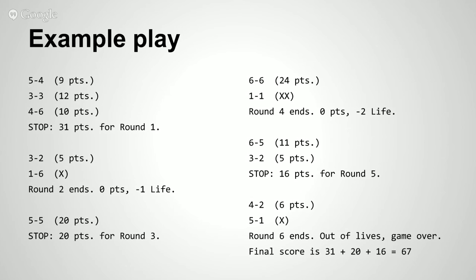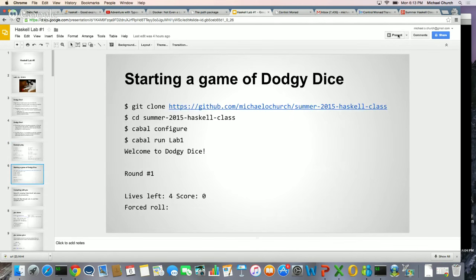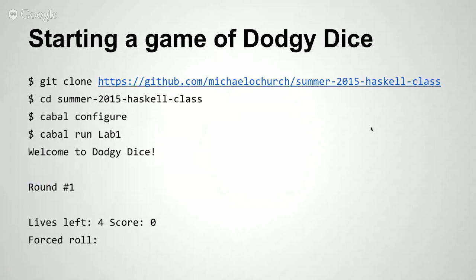It's not a very strategic game, a lot of luck involved, a little bit of strategy, but it's about the code rather than the game itself. So if you haven't played it, here's how you can do it now. Git clone that URL, cd into the directory, cabal configure, cabal run, and there you go.